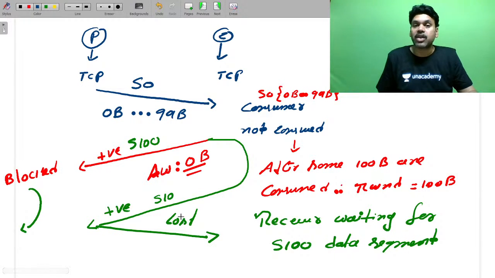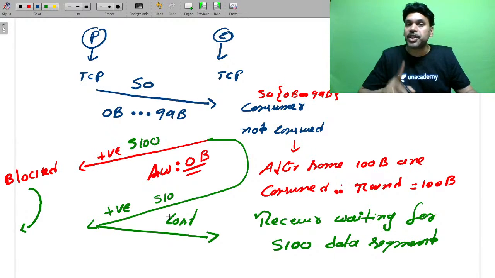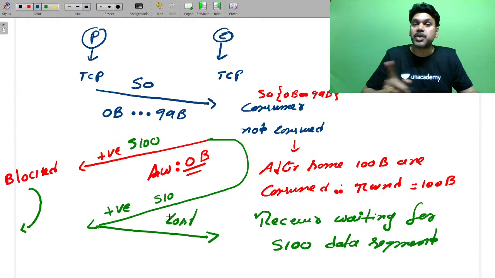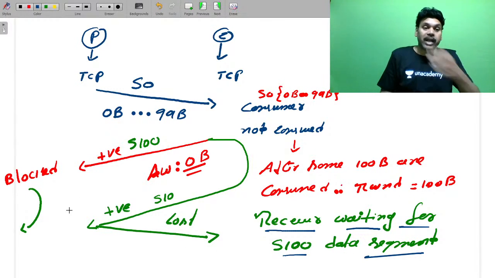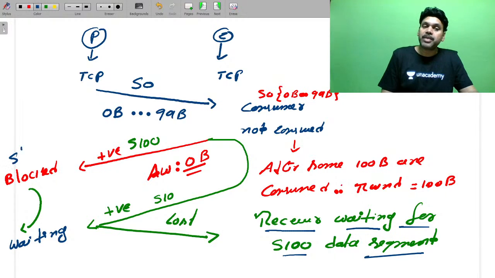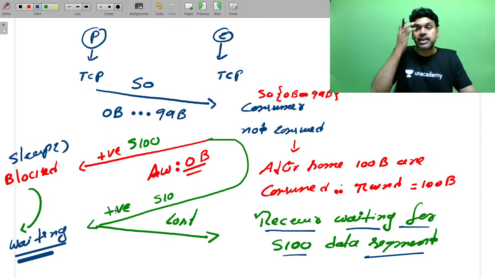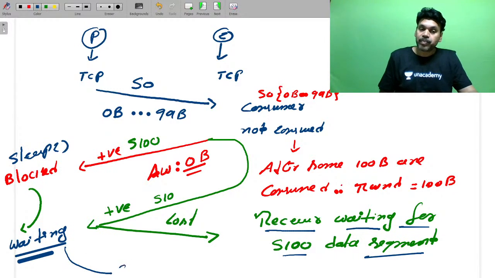When it is lost, the acknowledgement cannot be acknowledged. Please remember, only a data segment is going to be acknowledged, but an acknowledgement is not going to be acknowledged. So the receiver is waiting for S100 data indefinitely, and the producer, nothing but the sender, is going to be waiting indefinitely. He is expecting a wake up call because you made him sleep, but the segment is lost during transmission. So therefore they are under indefinite waiting time.